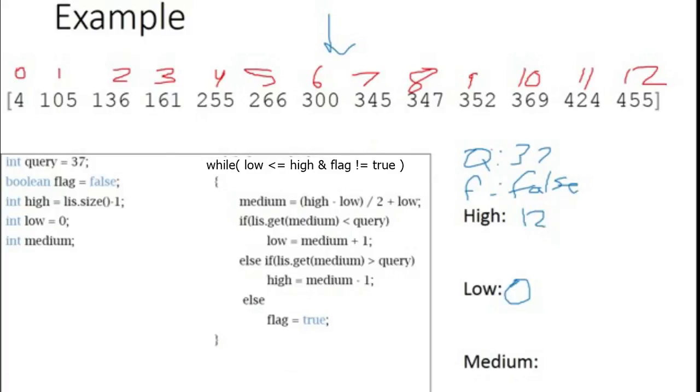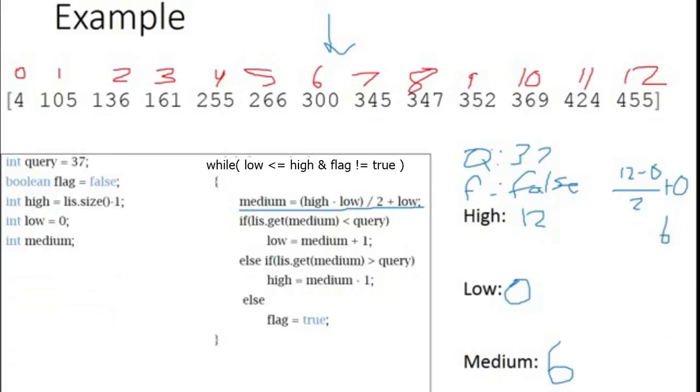I'm going to do one iteration of our loop, and then we'll talk about it again. So let's set median equal to high minus low, divided by 2, plus low. In other words, it's 6. So median is equal to 6.